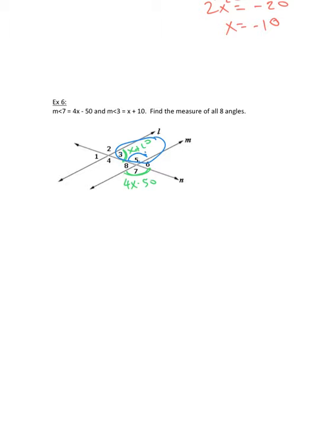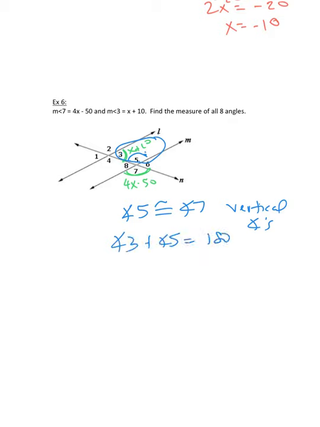Since 3 and 5 are supplementary, 3 and 7 will be supplementary because 7 is the same as 5. It's congruent, it's vertical. So my steps are angle 5 is congruent to angle 7 because they're vertical angles. And angle 3 plus angle 5 is supplementary, is 180 because they're same side interior or consecutive interior.